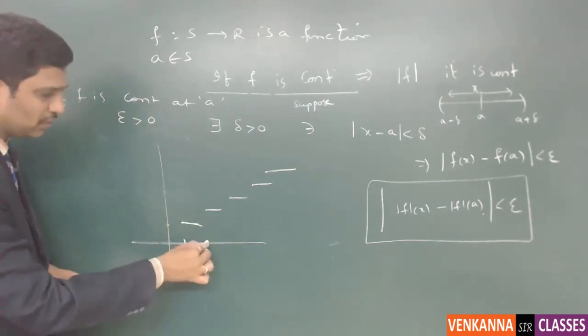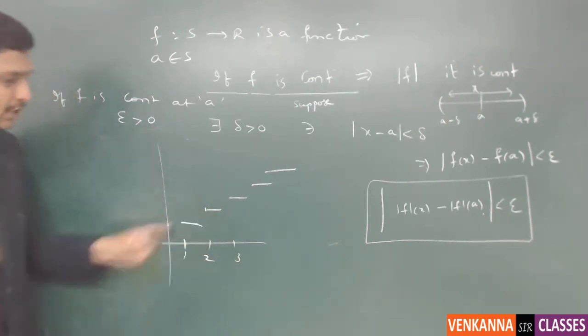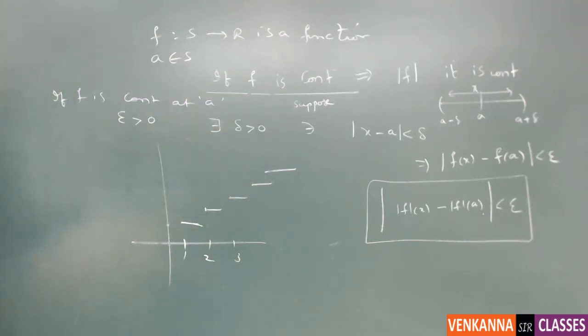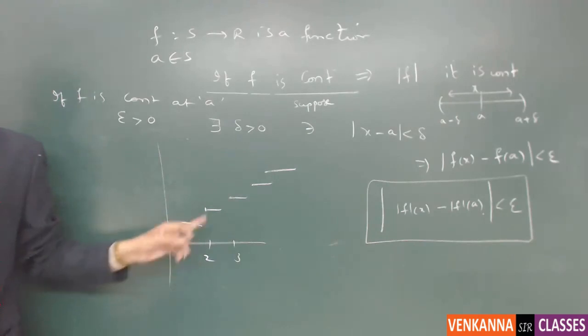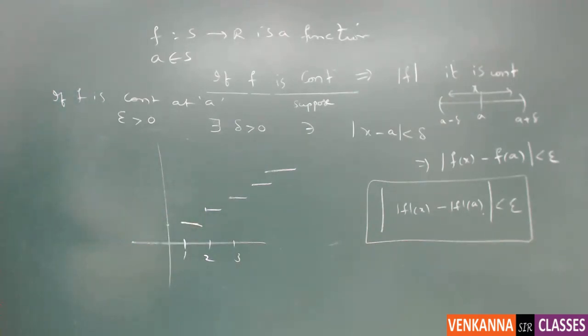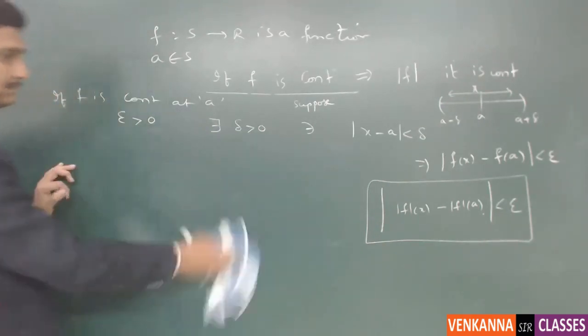From 1 to 2 its value will be 1. From 2 to 3 its value will be 2, like that it is going to come. The step function, if you draw the graph, has many points of discontinuity, but it is integrable. You will find that value. That's why theoretical results are useful in solving some practical problems.